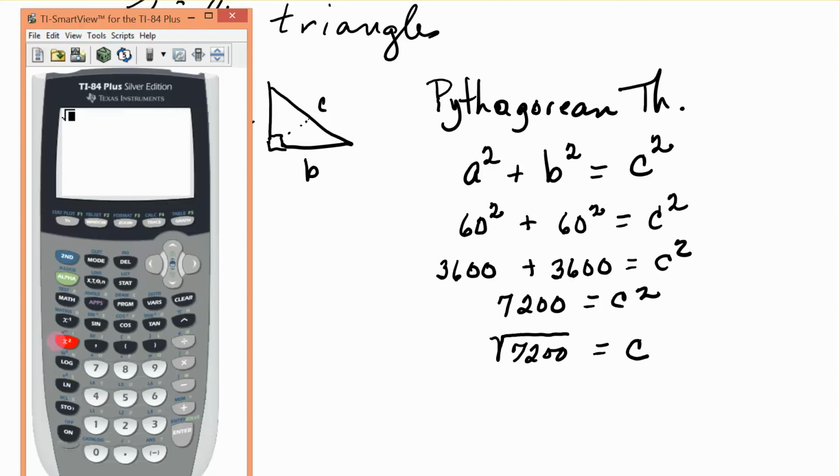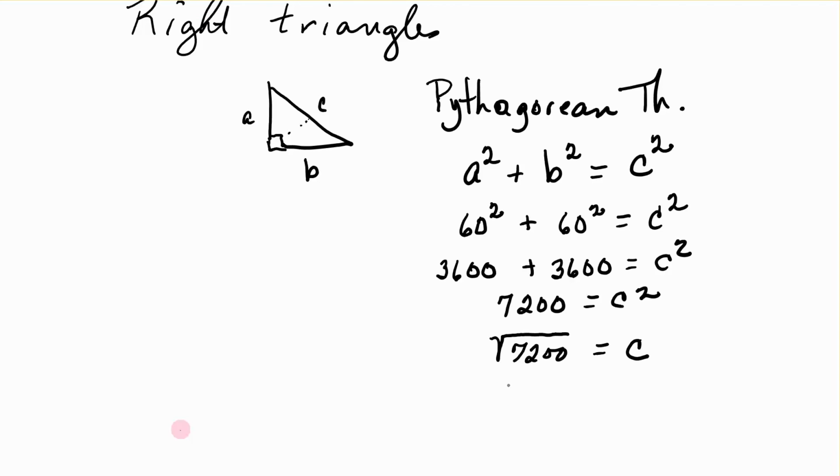Mine has the software where it shows a little blinking box for the radicand. Yours may simply open parentheses, but I'm going to put 7200 in there. Then I'm going to hit enter, and I get 84.8528. I believe that's right.